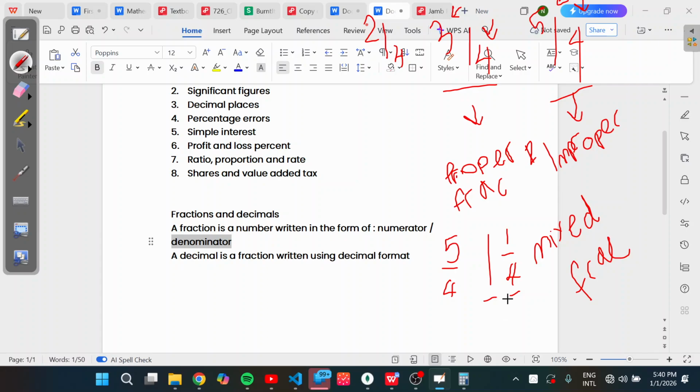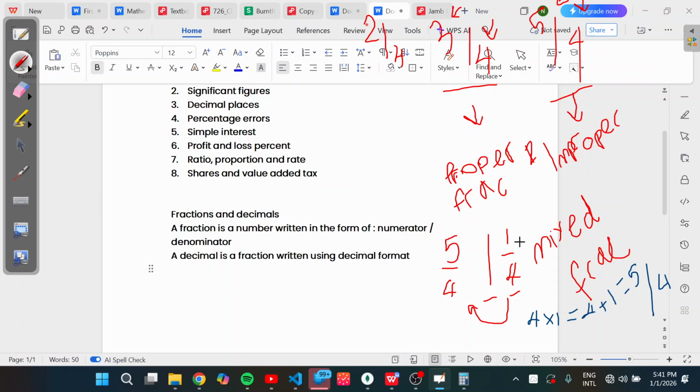Assuming we want to take this mixed fraction back to an improper fraction, it's actually pretty simple. We do 4 times 1, and that will give you 4. Then this 1 over here, we add it to it, and that will give you 5, all over the 4.